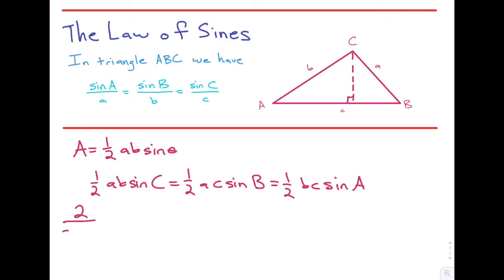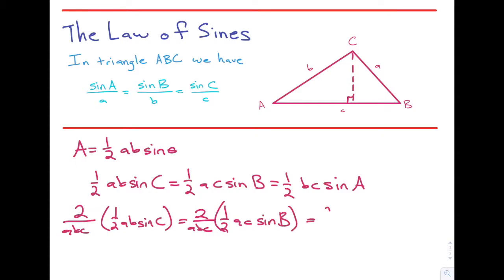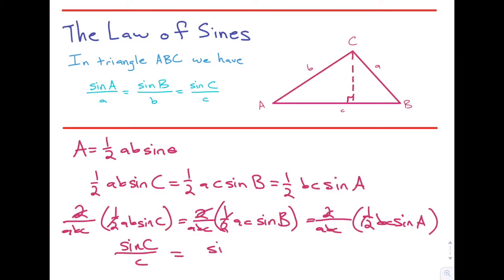So we'll multiply by 2 over abc: 1/2 ab sine C equals 2 over abc times 1/2 ac sine B equals 2 over abc times 1/2 bc sine A. So the 2's and the 1/2's cancel out in each case, and then everything but the side opposite of the angle is canceled out. So we have sine C over little c equals sine B over little b equals sine A over little a.